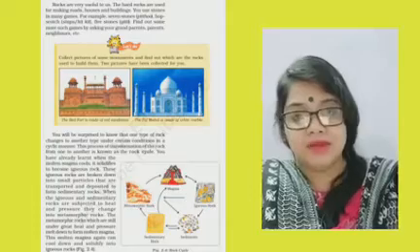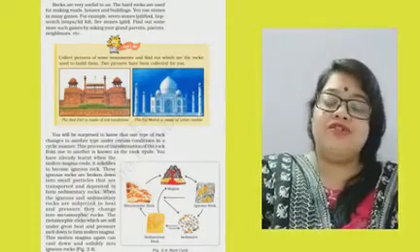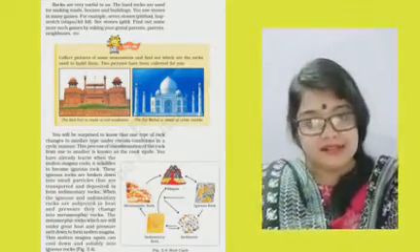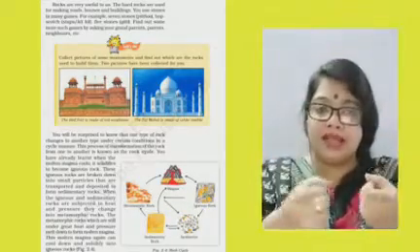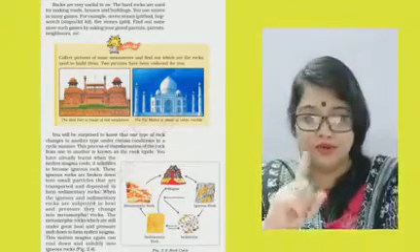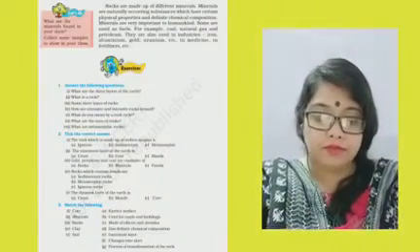So, again when the metamorphic rocks are exposed to extreme heat and pressure, they are transforming themselves into molten magma, and again the cycle starts. So, it's a proper cycle that tells you about the movement of a particular rock. That is why we call it rock cycle.